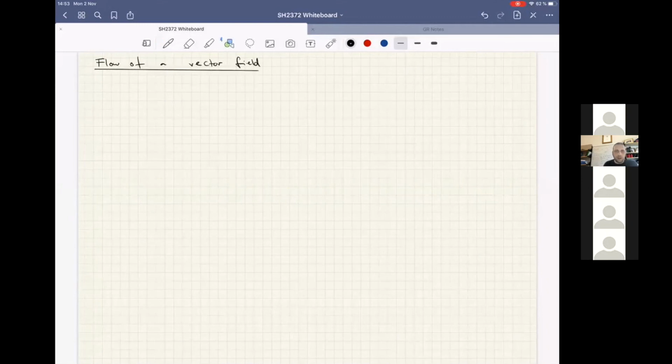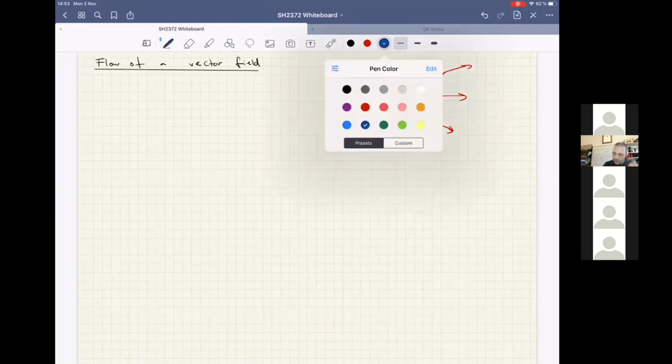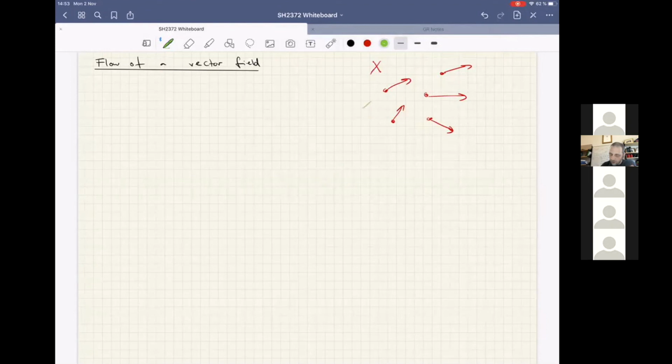So given a vector field, I can just draw one vector. Let me just draw a vector field here. Might look something like this. I can construct a family of curves such that this vector field, which I can call X here, at each point, these curves are going to have the vector field X as its tangent vector.